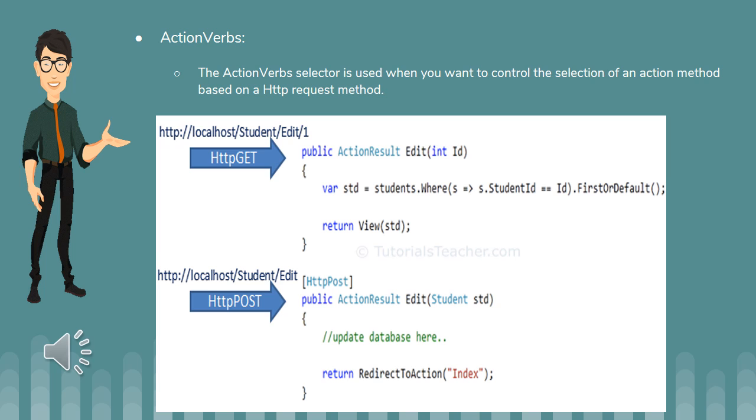The MVC framework supports different action verbs, such as HttpGet, HttpPost, HttpPut, HttpDelete, HttpOptions, and HttpPatch. You can apply these attributes to an action method to indicate the kind of HTTP request that the action method supports. If you do not apply any attribute, then it is considered a GET request by default.